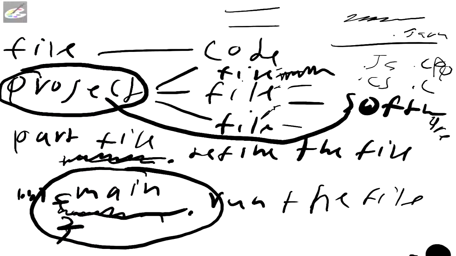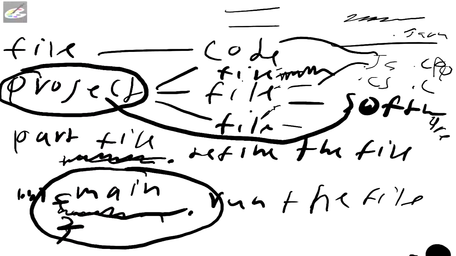So these guys are examples of a file extension that you would see. And then those guys are in the project, and each file has its corresponding code that goes with the extension. So it could be JavaScript, Java, C#, C++, C, Boo, Python, whatever you want.